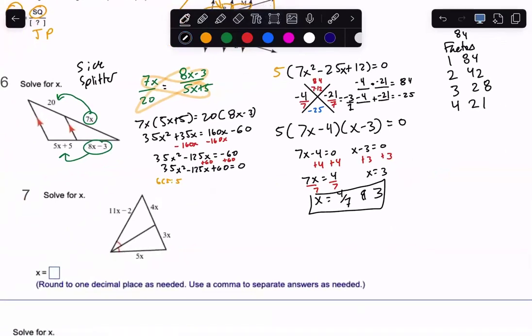And let me double check. Does anyone have any questions? I'll give you guys a moment to write it down. This was number 6.